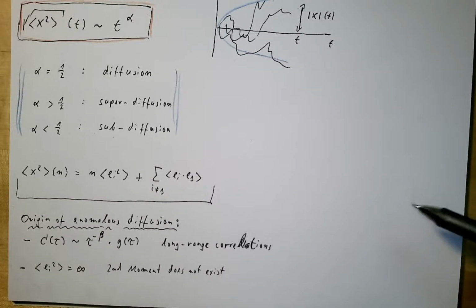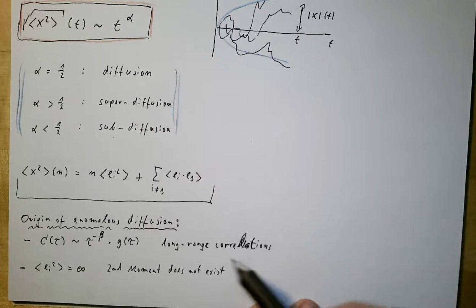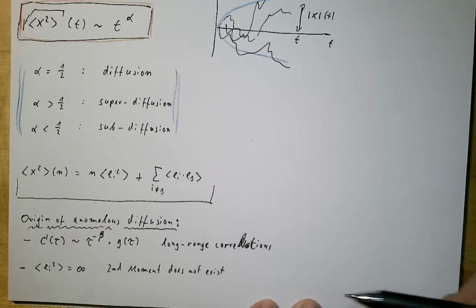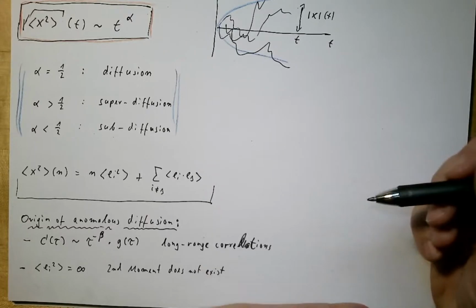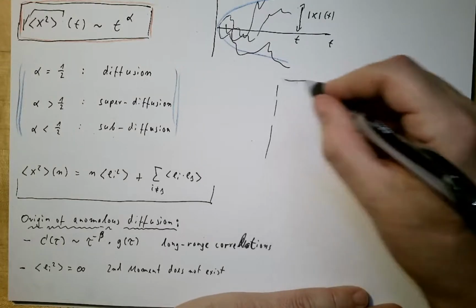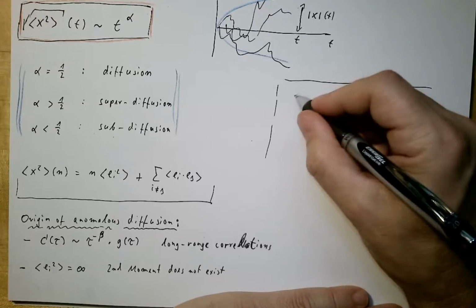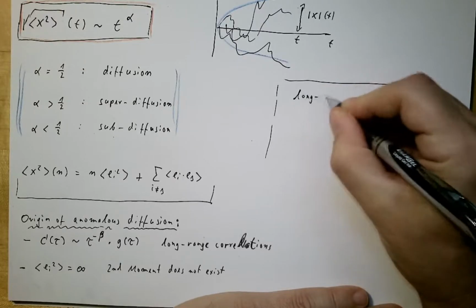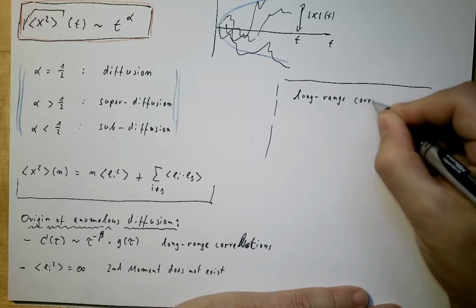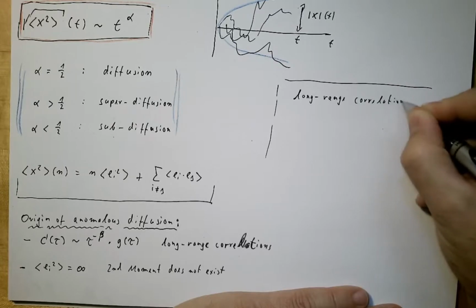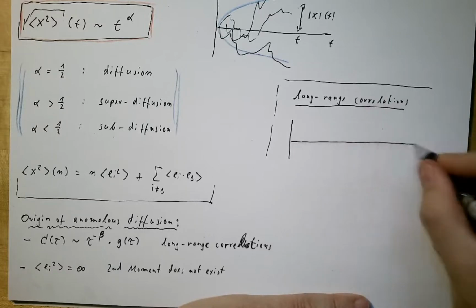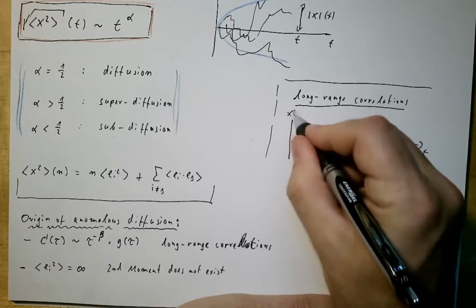But before we do this, let's get a first intuition of how the walks generated in these two cases might differ, just by visualizing them. Let's say we have long-range correlations, and we want to look at the typical profile of a random walk.